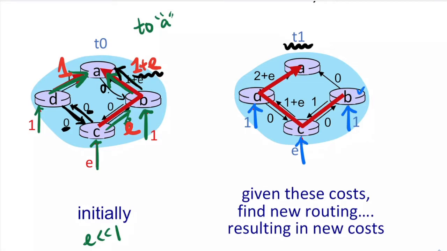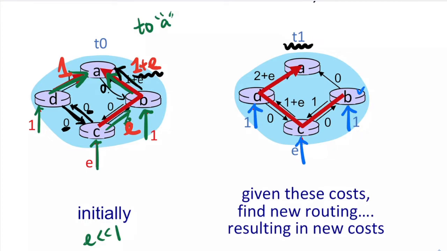At the beginning of T1, B looks at T0. It says, okay, the cost of the link from B to A is 1 plus epsilon. But if I take another route from B to C, that is 0, right? From C to D, the cost is 0, and from D to A, the cost is 1.